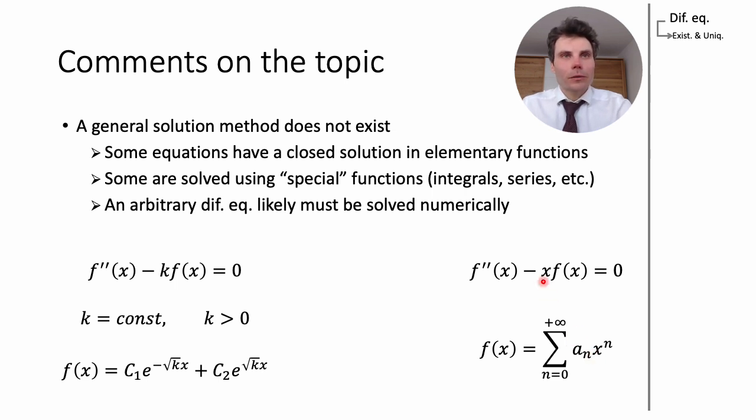That, by the way, is called the Airy equation, if I'm not mistaken. And it appeared first in the studies of astronomical observations. And as I said, an arbitrary differential equation likely must be solved numerically, because even this form may not be a solution anymore, this expression or expression of this kind.